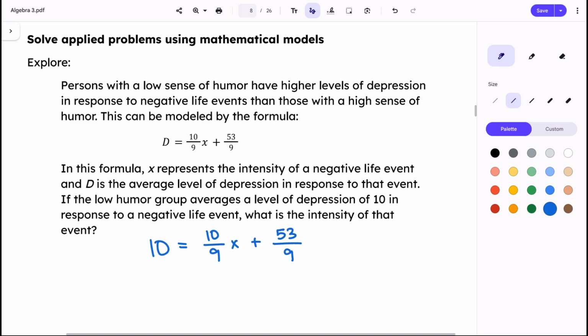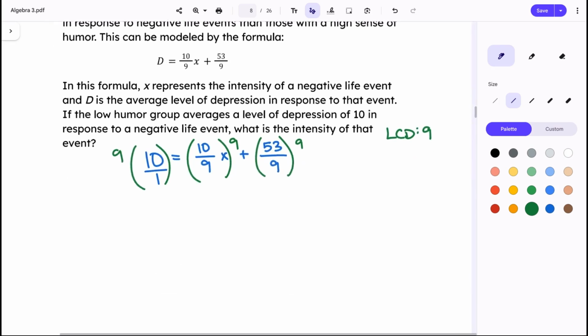Now 10 right now is not written as a fraction, but think of it as like over 1. I need to get rid of that denominator. So think about when we were doing that at the beginning of class. What would be my LCD here? 9. So I'm going to multiply everything by 9. That'll get these fractions out of here.